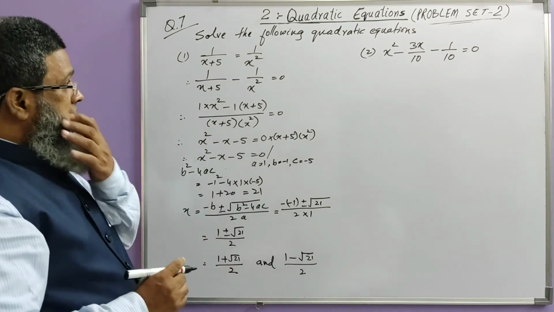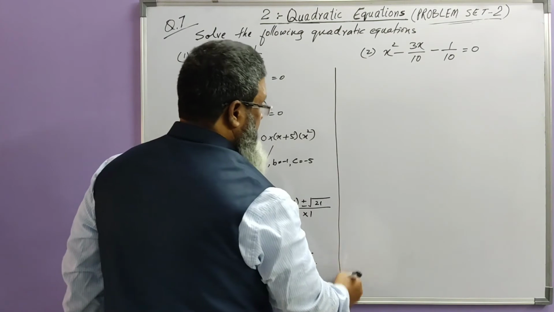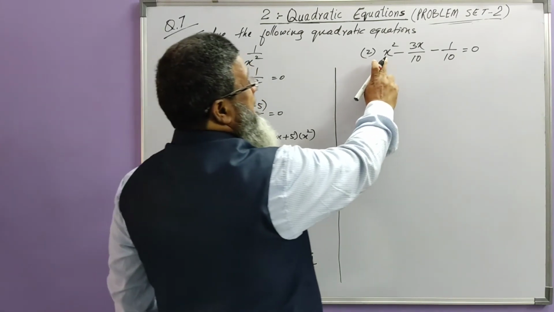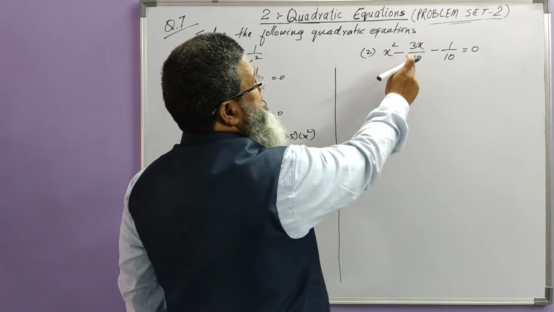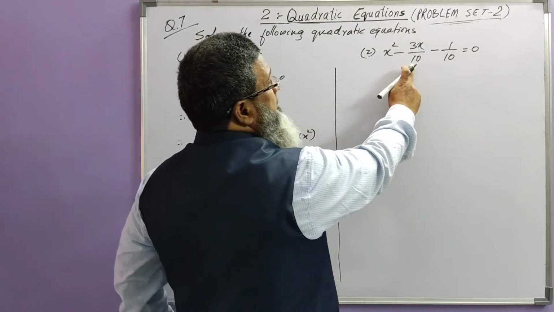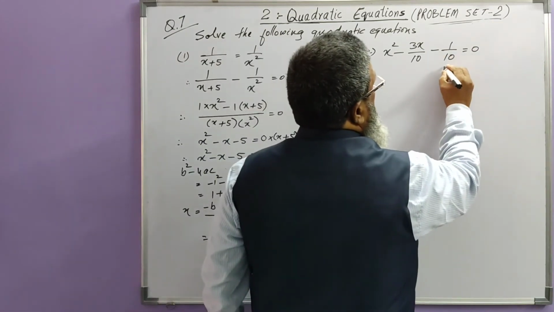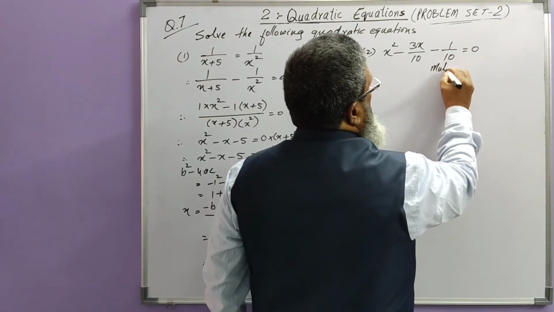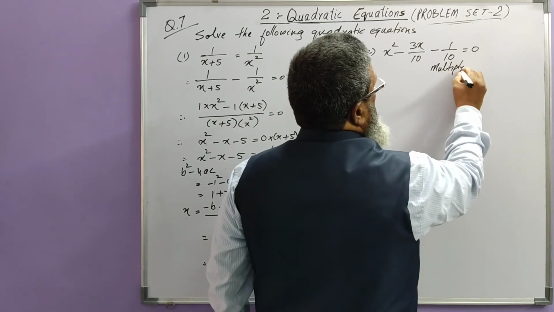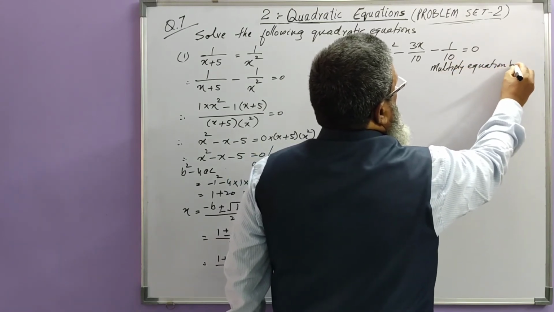These are the factors. In question number 2, here x square minus 3x upon 10 minus 1 upon 10 is equal to 0. Here in the denominator there is 10, so multiply the whole equation by 10.